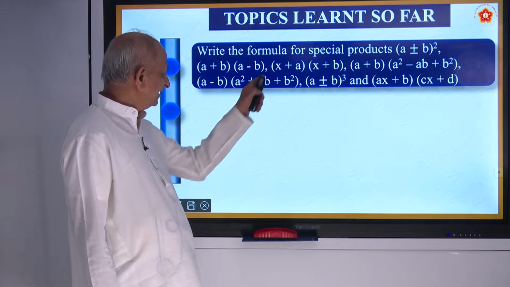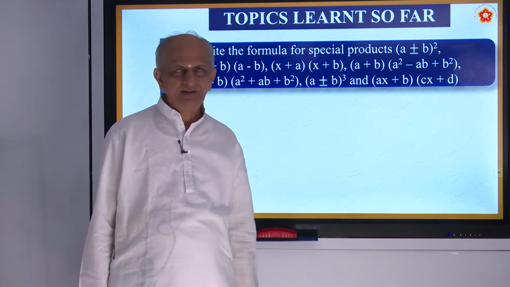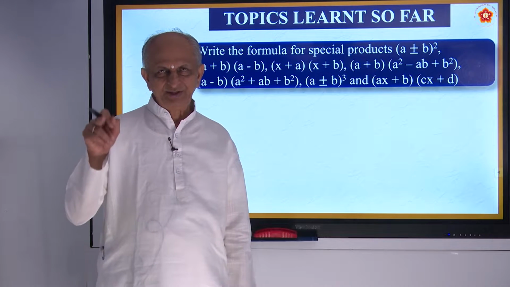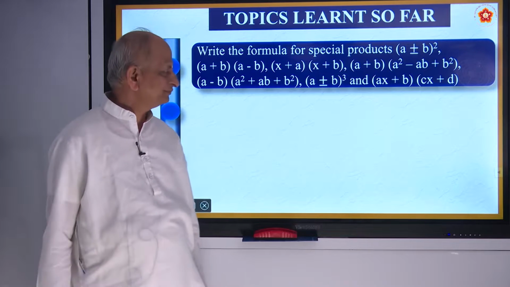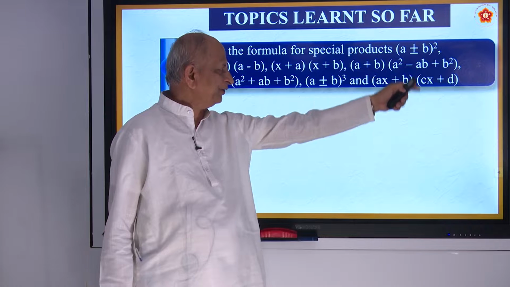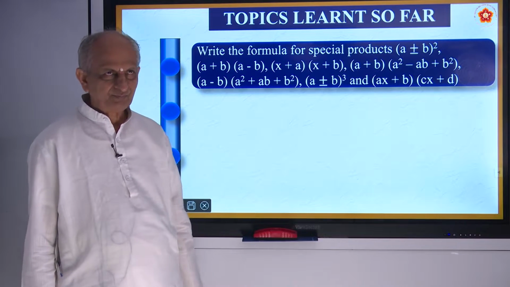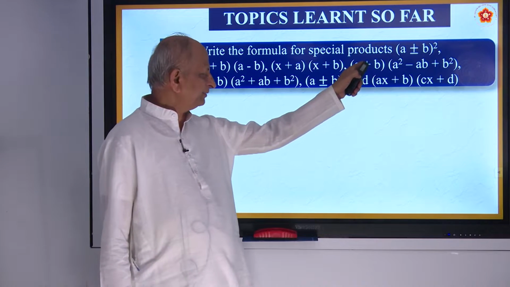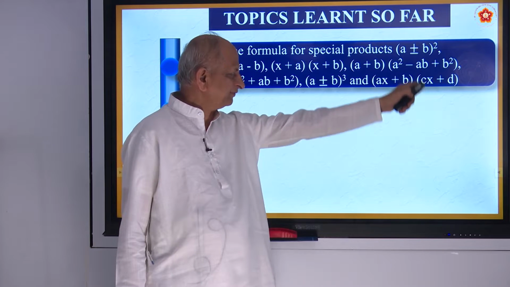And x plus a into x plus b means what? X squared plus x into a plus b plus ab. And these are called factors: a cube plus b cube is equal to a plus b into a squared minus ab plus b square.